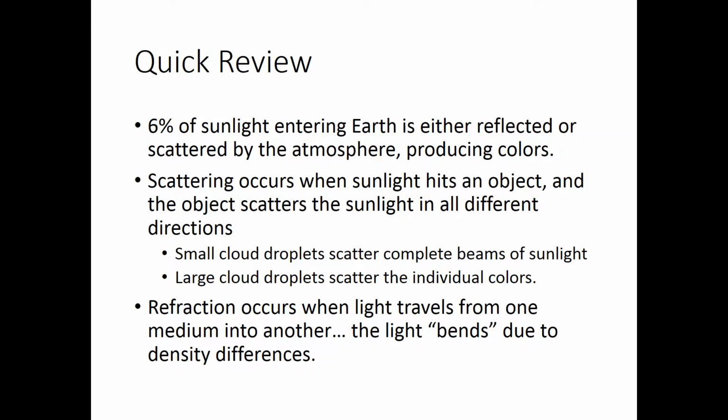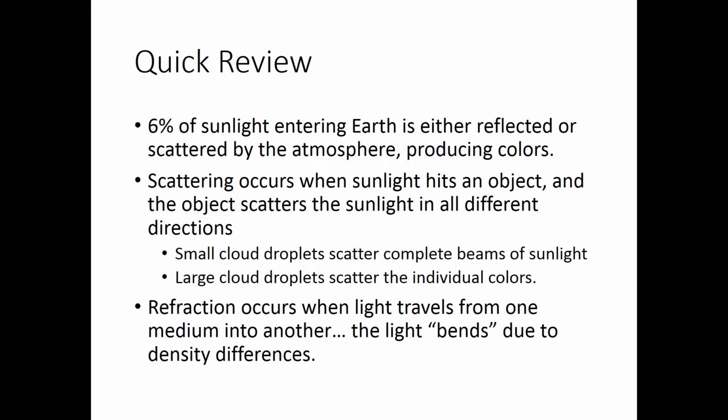However, large cloud droplets do a really good job of scattering the individual colors in all different directions rather than the entire beam. And so the idea here is that these larger cloud droplets actually split the beam of sunlight up into its individual colors and scatter them in all different directions.